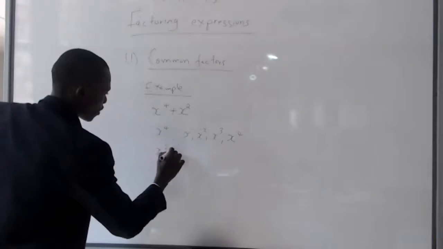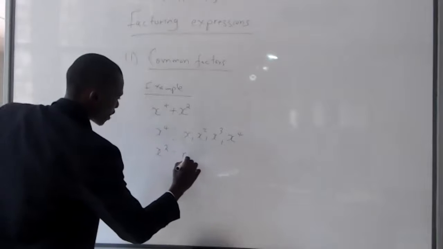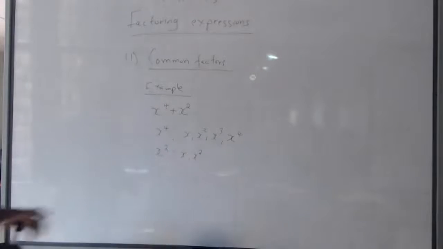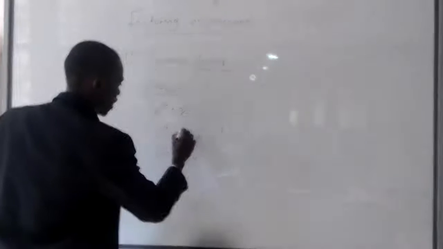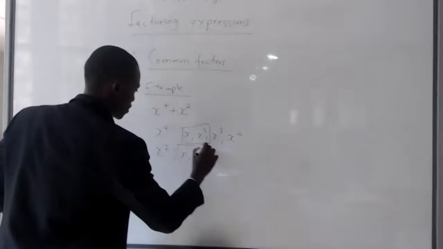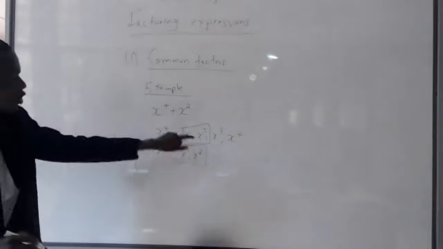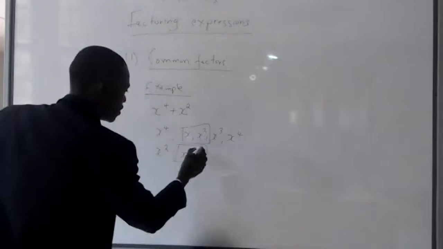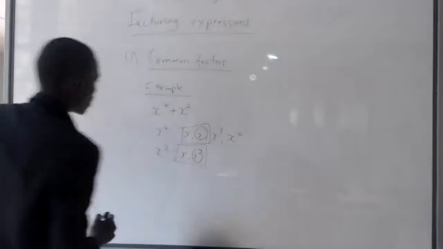For x squared, the factors are just x and x squared. The common factors are those which belong to both, so x and x squared. Then we take the greatest common factor, in this case, x squared.